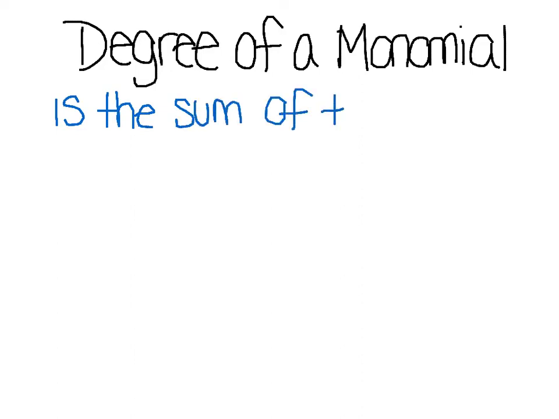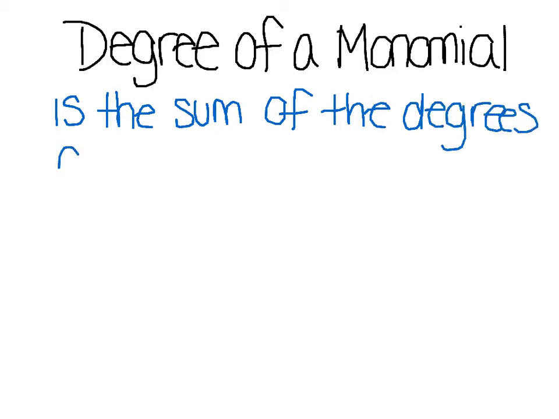The next part of this lesson is learning what the degree of a monomial is. The degree of a monomial is the sum of the degrees of each individual variable.